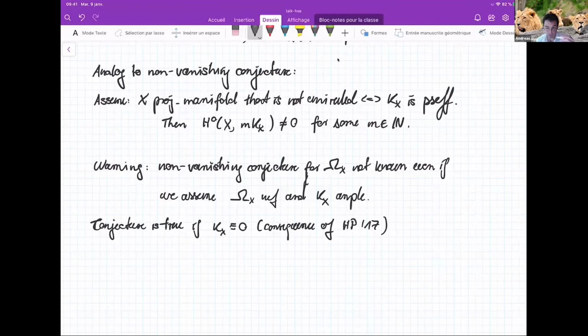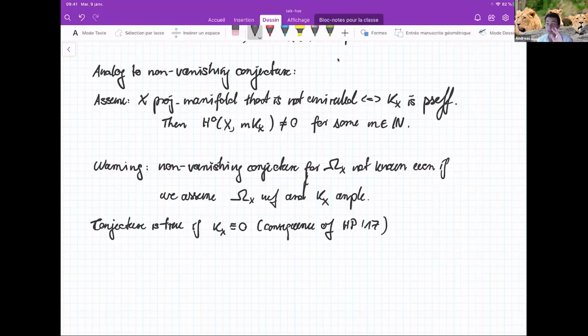This might, of course, sound anecdotal, but somehow it tells you that although the non-vanishing conjecture for the canonical class and the non-vanishing conjecture for omega X look similar, formally they look similar.